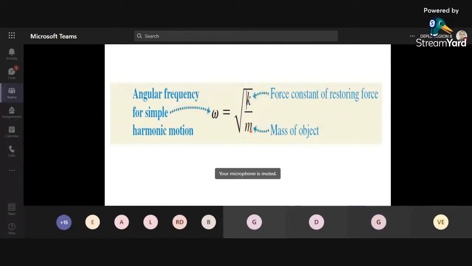Okay. So ang unit sa mass, unsa man? Kilogram. Ang unit sa angular frequency? Rads per second. Okay, rads per second. Okay.